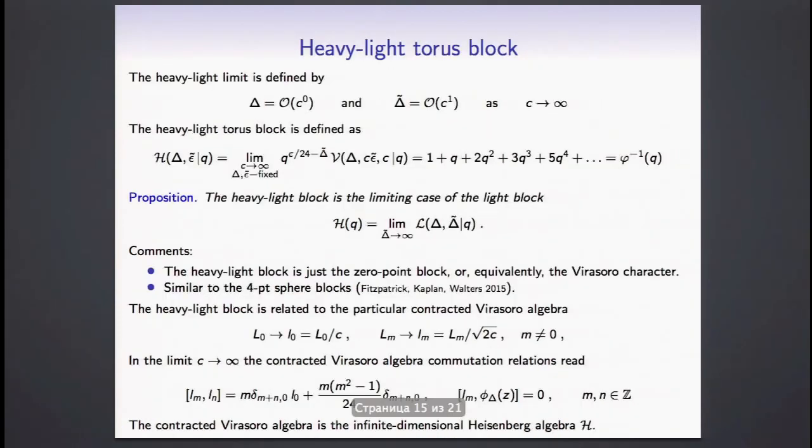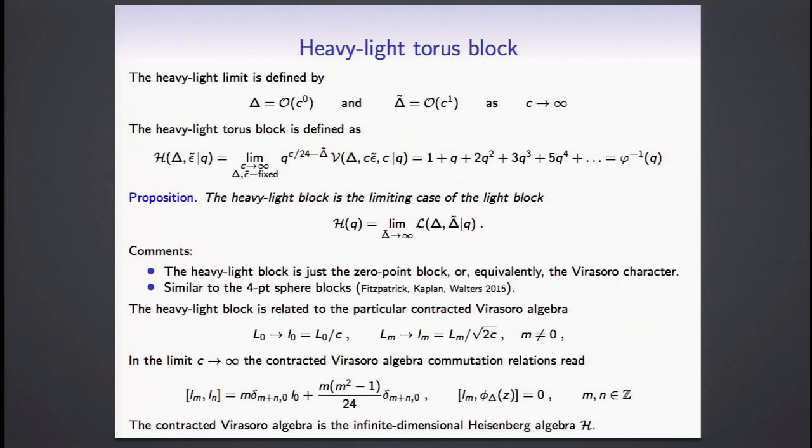Now we consider one more semi-classical block, which is the heavy light torus block. As I explained earlier, one of the external dimensions is light, while the loop is heavy. So the corresponding heavy light torus block can be explicitly calculated up to high enough order in the modular parameter, and it's given by this inverse Euler function.